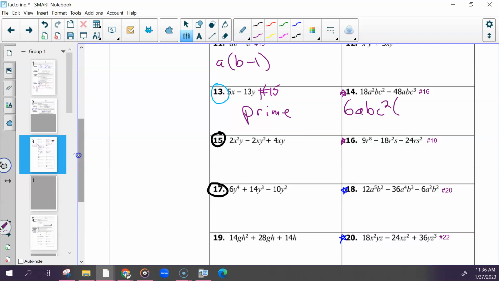Okay. If we're dividing out 6abc squared of both of these, take your time, what would be left inside? 3a minus. Yep, minus.